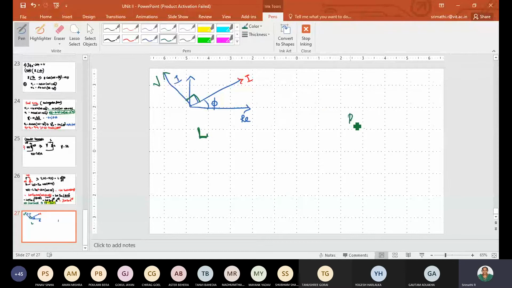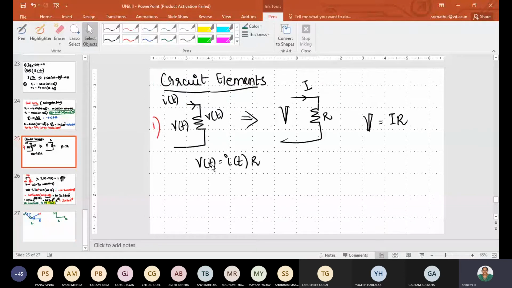Whereas for your R, you again have a real part and imaginary part. V of t is equal to I of t into R, so V is equal to I into R. Both are in phase.